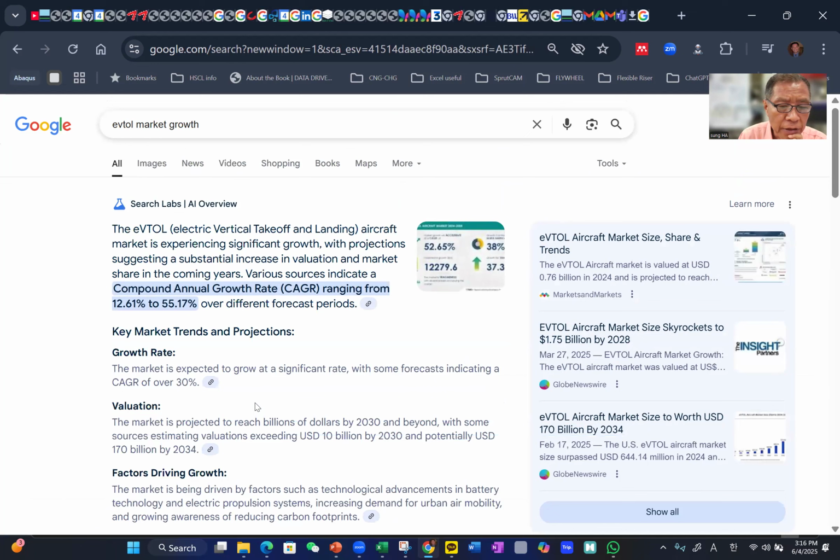You can easily find the characteristics of eVTOL. eVTOL stands for electric vertical takeoff and landing aircraft. Of course, this is one category of drone, but eVTOL is commonly used to indicate electric vertical takeoff.